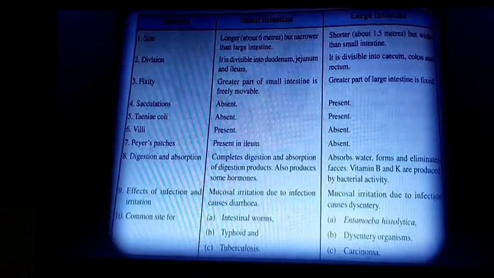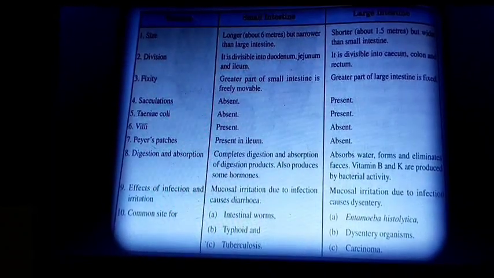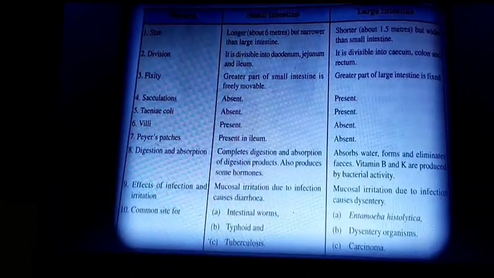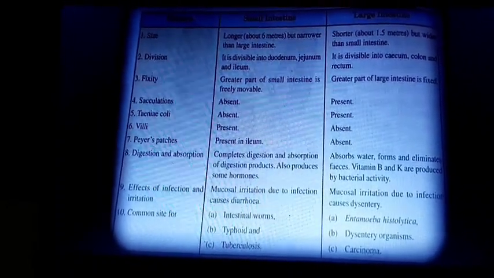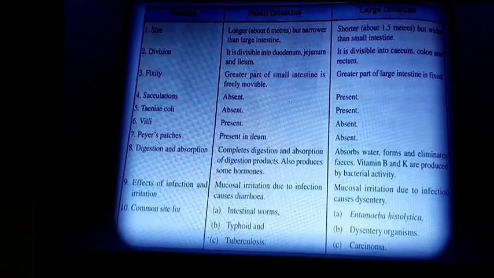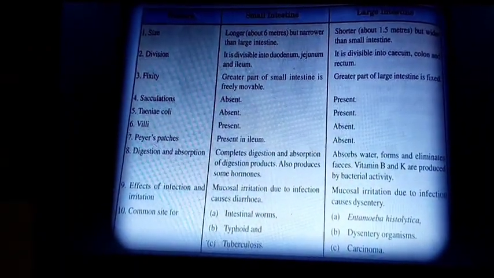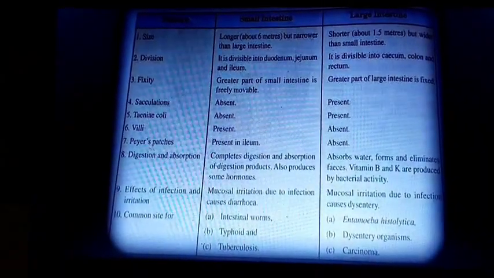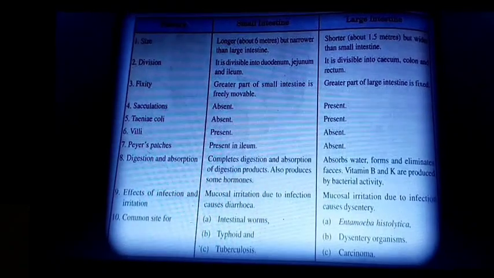Divisions: the small intestine divides into duodenum, jejunum, and ileum. The large intestine divides into cecum, ascending colon, transverse colon, descending colon, sigmoid colon, rectum, and anus.